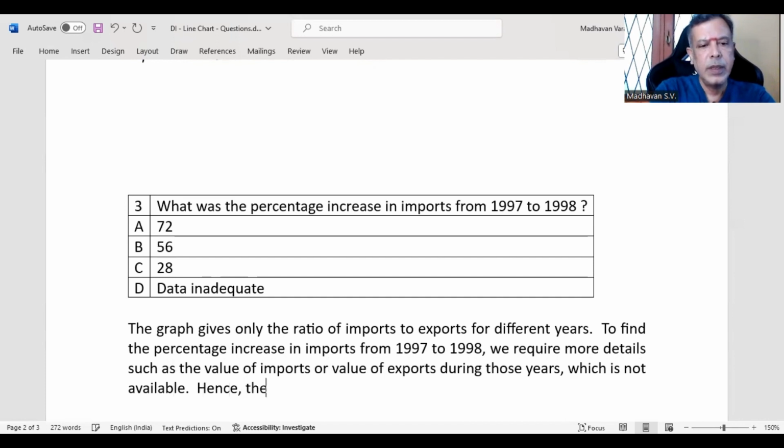Hence, the data is inadequate. That will be the option, which means option D is the right option. Let us move on to the next question.